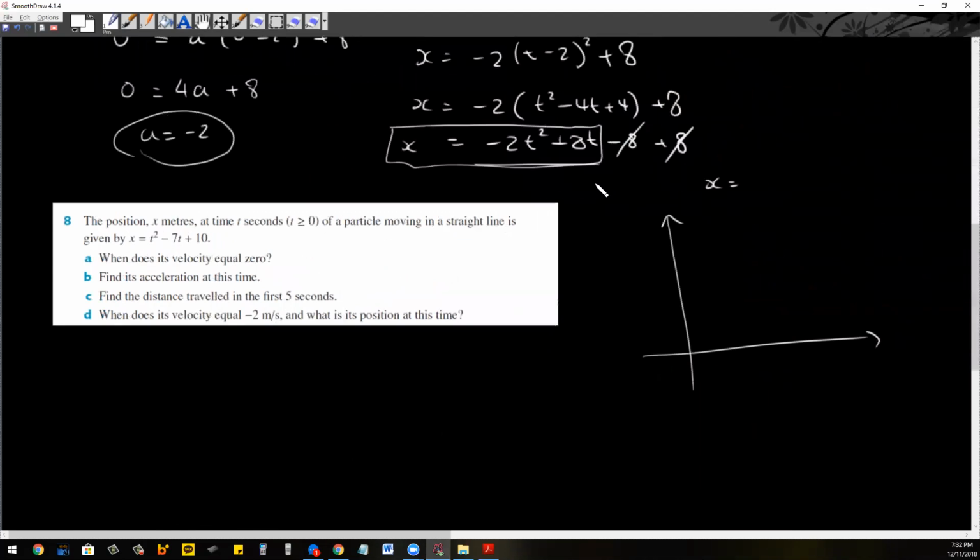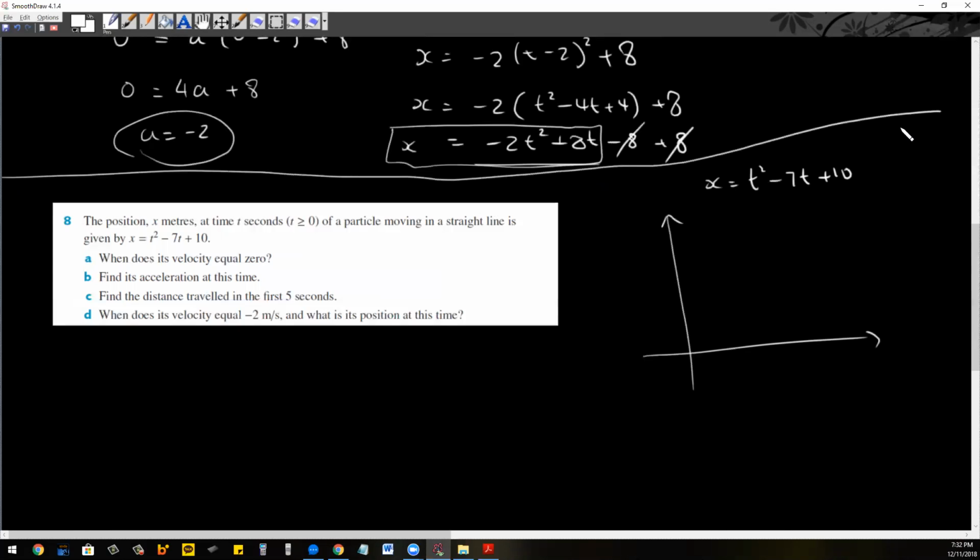So x is equal to t squared minus 7t plus 10, right? Can we factorize this one? Yes. So this is very easy to plot. It's (t minus 2)(t minus 5), right? So this is 2 here, this is 5 here.